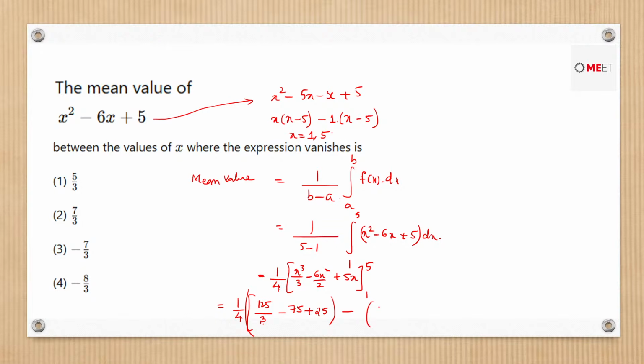Minus x cube by 3 is 1 cube by 3 minus 6 by 2 plus 5, it is 5 into 1. So this upon solving, we would get the answer as minus 8 by 3. That is option 4 is the answer.